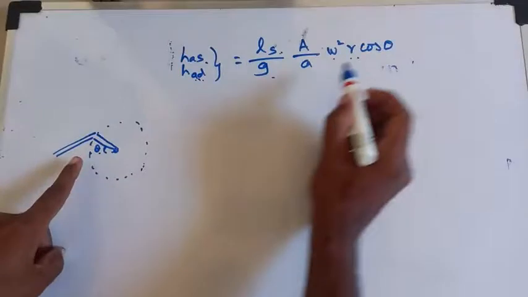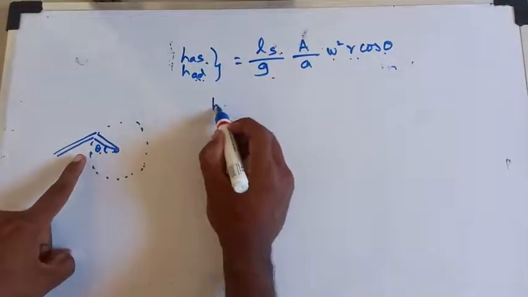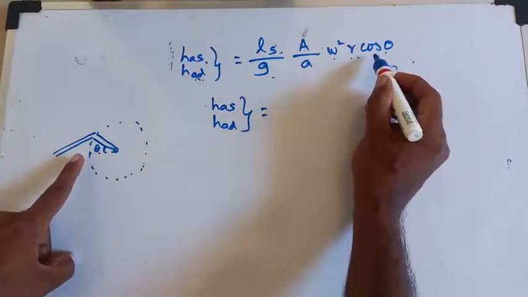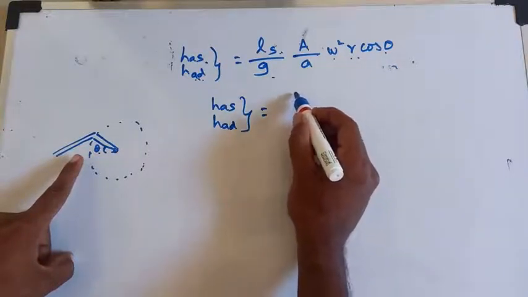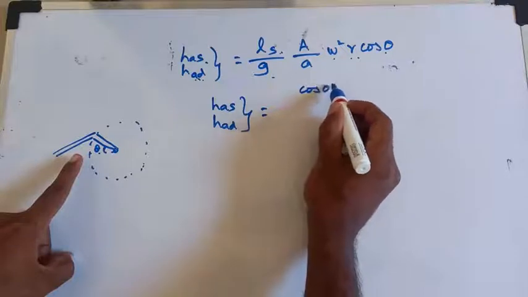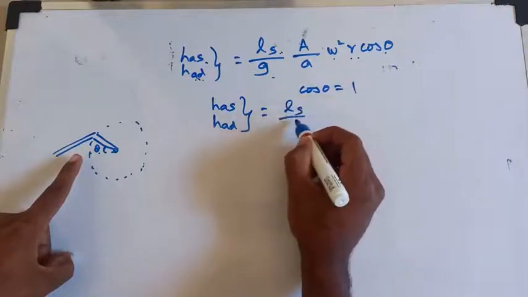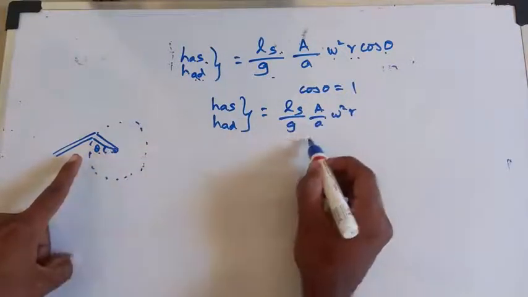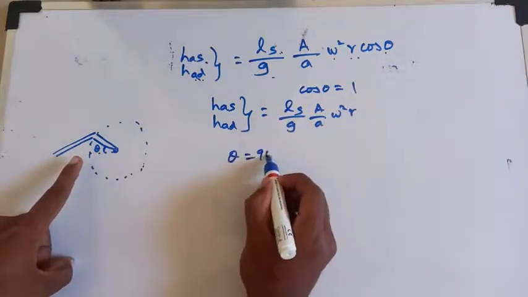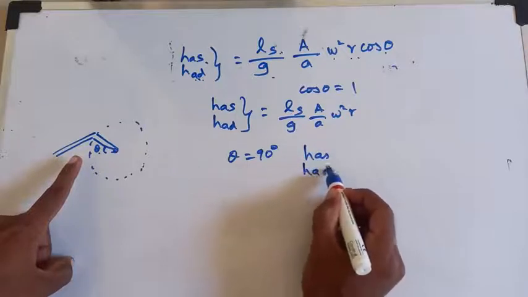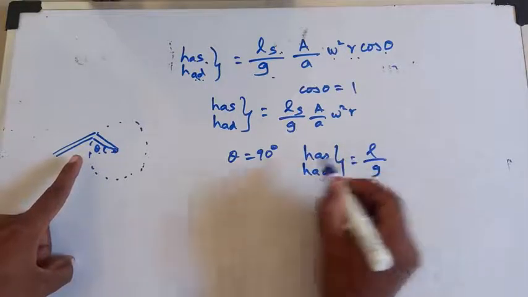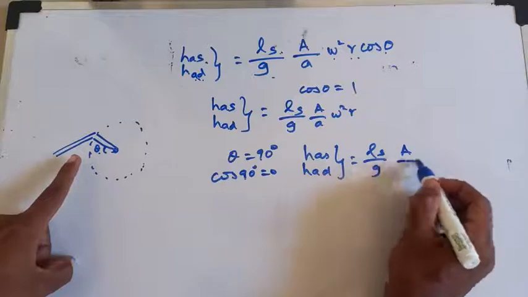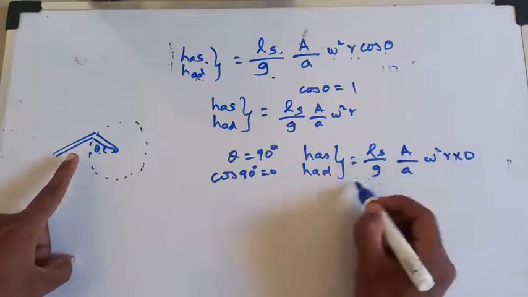Here theta is variable. If theta is 0, then HAS and HAD both become, because cos 0 equal to 1, LS by G into A by a into omega square R. If theta becomes 90 degrees, HAS or HAD will become 0, because we know cos 90 is equal to 0, so LS by G into A by a omega square R into 0 is equal to 0.